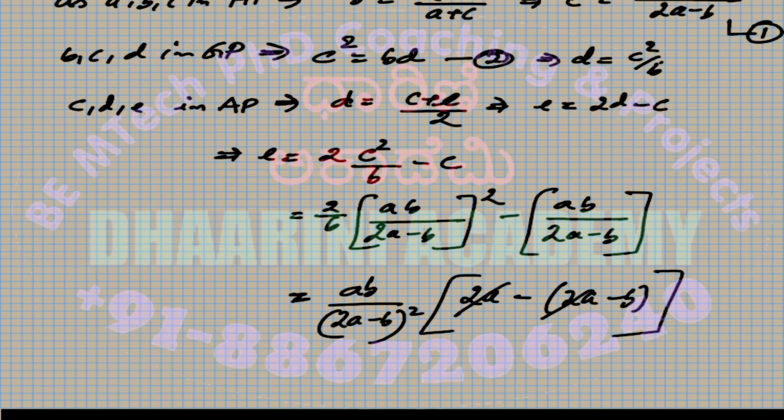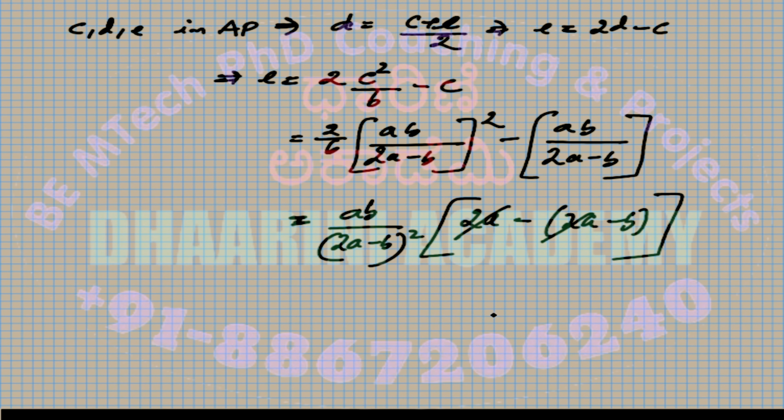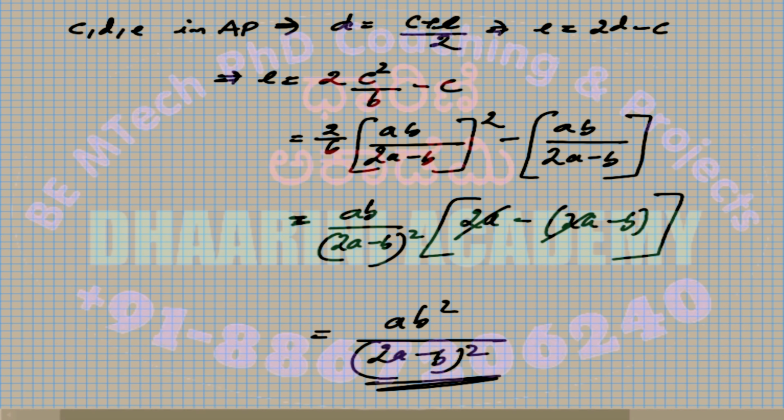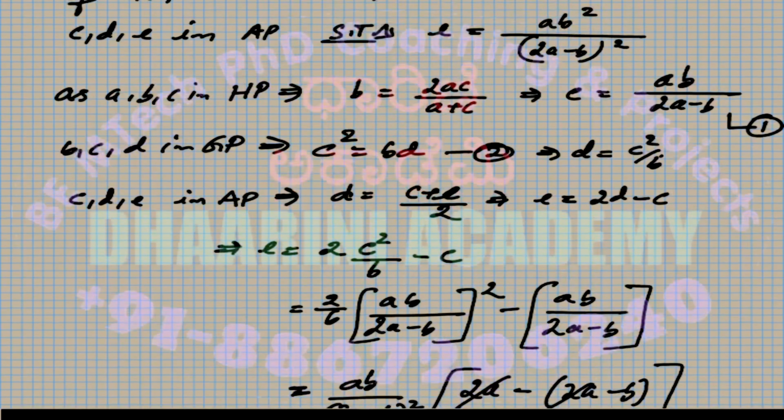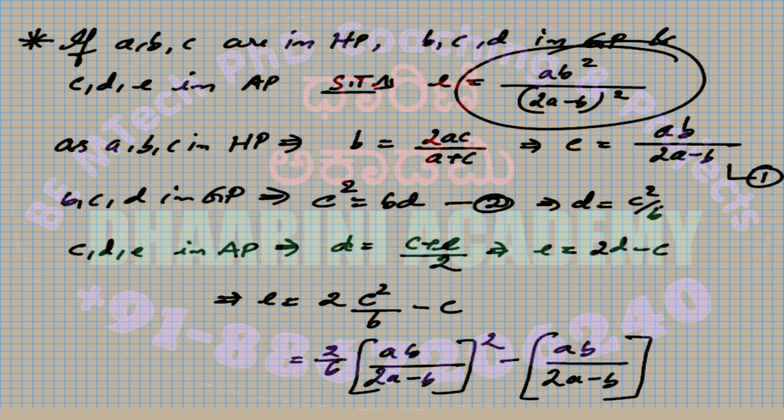So 2A is inside, minus, I took AB outside, 2A by B. So I have to multiply by 2A minus B. So this 2A cancels, minus of minus is plus. So I think we got that answer. So this is equal to AB square divided by 2A minus B the whole square. Yes, AB square by 2A minus B the whole square.